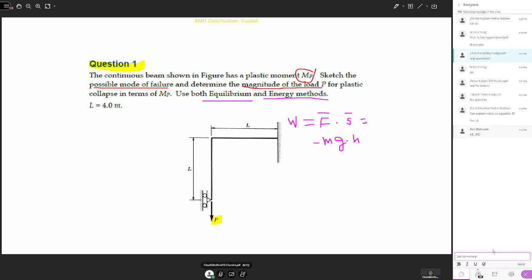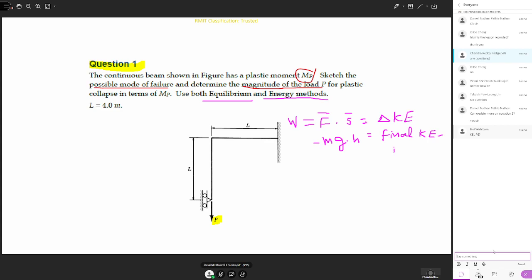And in dynamics, you must also have studied that the work done is equivalent to the change in kinetic energy. Delta is the change in kinetic energy, that means final kinetic energy minus initial kinetic energy. So work and energy are the same. Final KE minus initial KE is the net work done.